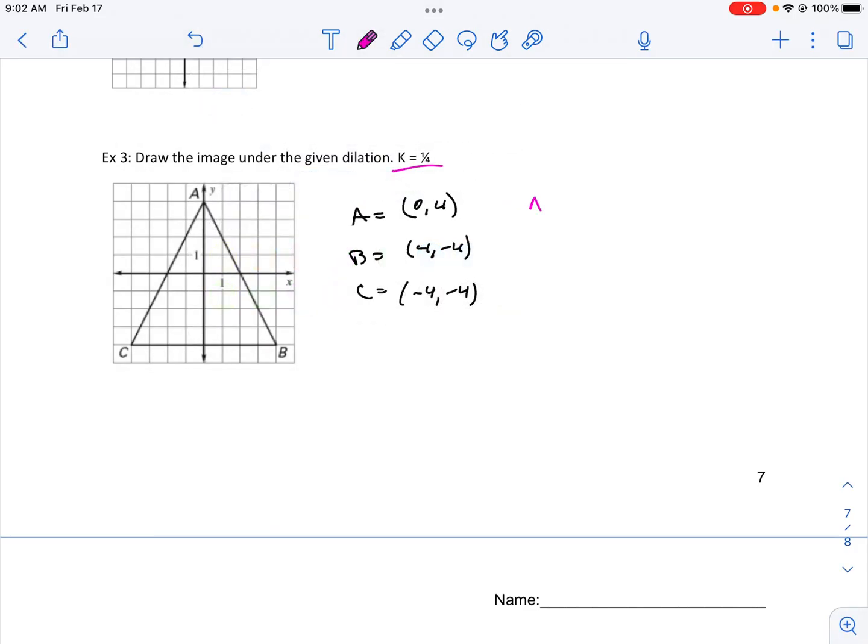Prime values, once again, just multiply by a fourth. Notice these are all nice points to multiply by a fourth. You're welcome. And then we just graph those locations. And so we can see that this is a reduction.